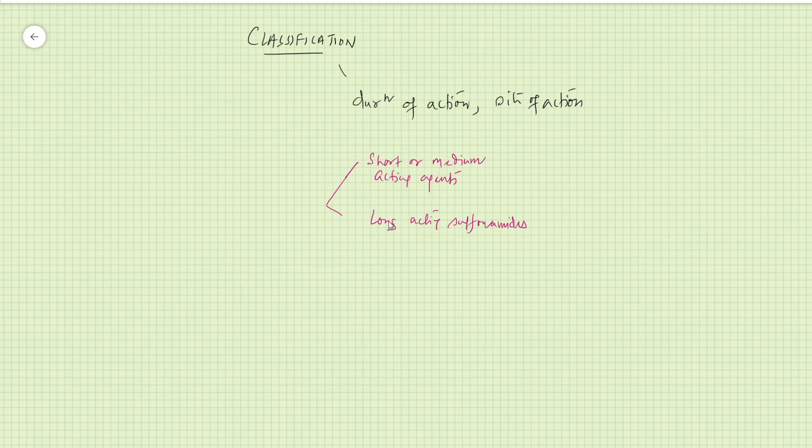And if the action is limited to one site, then we have sulfonamides limited to the GIT, meaning they've got action only on the GIT. So if you give something orally and it has effect only on the GIT, it means it is not absorbed. So sulfonamides having action in the GIT are those which have very low solubility. So that could be a generalization.